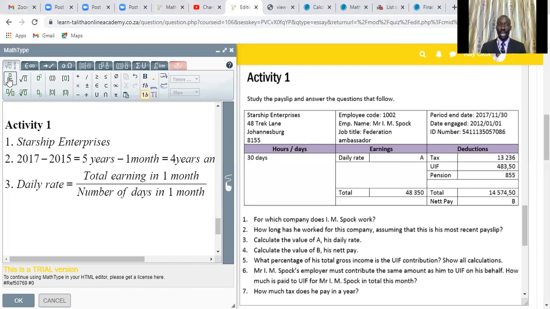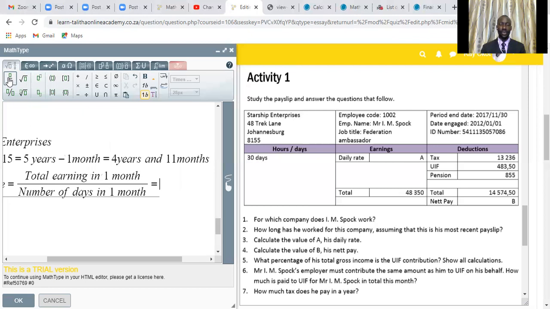Well, the total earning in 1 month in this case is given as 48,350. So we write that down, 48,350. This is what he is earning in 30 days, that is in 1 month. So what is the time period there? 30 days. So what do we get when we divide 48,350 by 30 days? What we get in this case will be the value of A, which is called the daily rate.